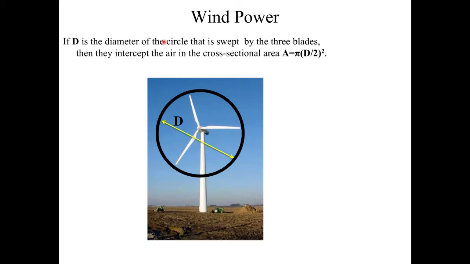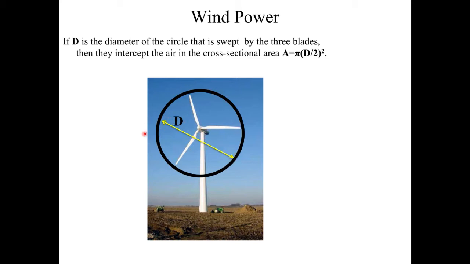So when we think about capturing that kinetic energy to produce electricity, if we look at a commercial scale wind turbine, I've circled here the diameter of a circle that I've drawn around the 3 blades, and we see that diameter here in yellow.